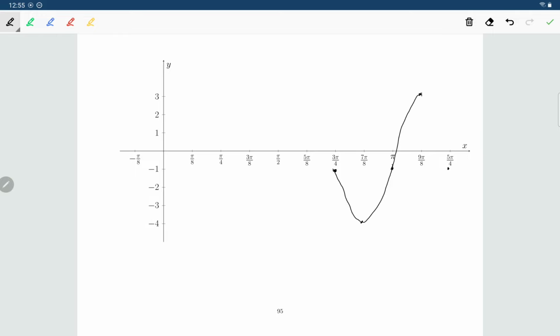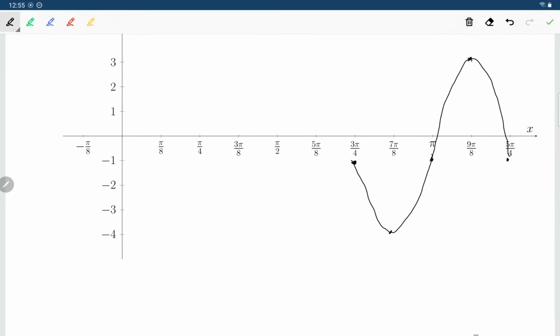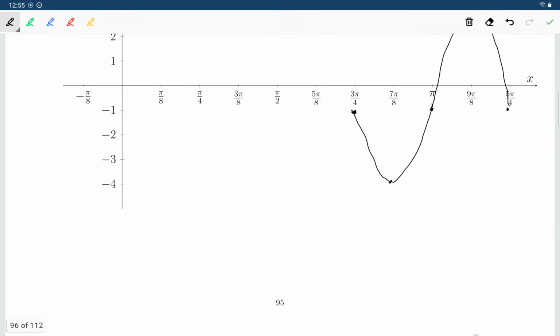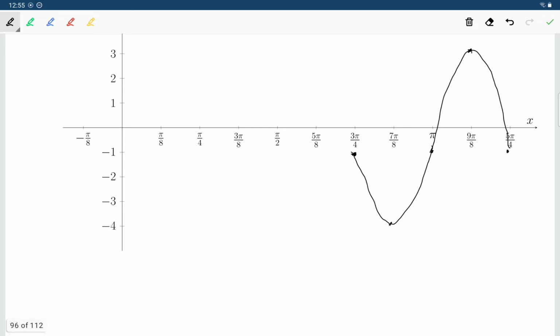There would be one cycle of my trig function. And here all I wanted was one cycle, so I don't need to do a second one. I mean, you certainly can if you want to for fun, but you're not required to here.